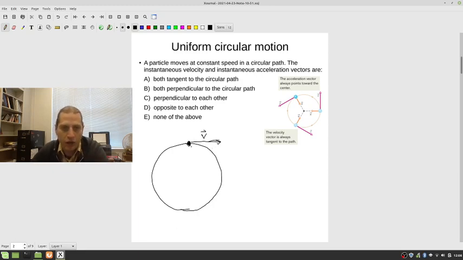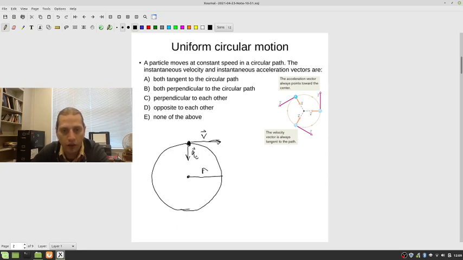The acceleration that keeps you moving is perpendicular to the velocity, and that centripetal acceleration is pointing towards the center of the circle, and it's causing the velocity to change direction. Not to change speed, but just to change direction.